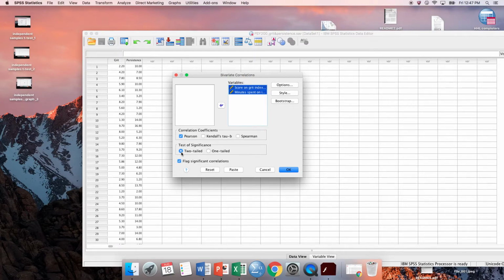Also, our test of significance is defaulted to a two-tailed test, which is more conservative. So we'll go ahead and stick with that. We're less likely to have a false positive in this case. And then also just a helpful thing is that it automatically will flag a significant correlation with a little star or an asterisk. So let's go ahead and hit OK.